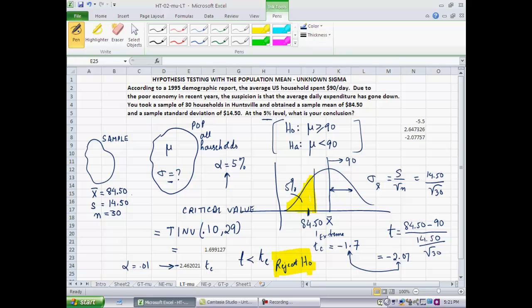It is not, in fact, more than 2.46 standard deviations below the mean. So if I set a threshold of 1% likelihood of making a type 1 error, my conclusion would be there is not enough evidence to reject the null. So at the 1% level of significance, I would be unable to confirm the suspicion that the average daily expenditure has gone down, but I would be able to confirm that suspicion at the 5% level of significance.